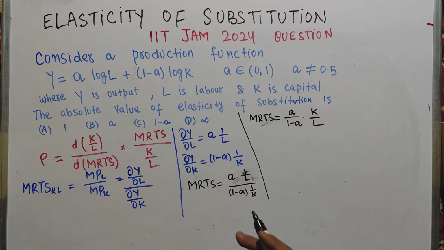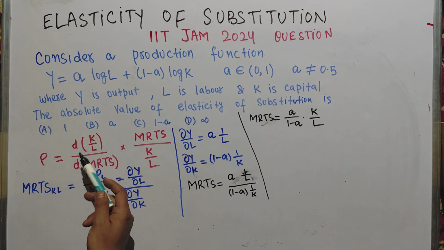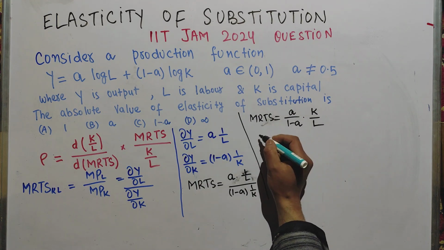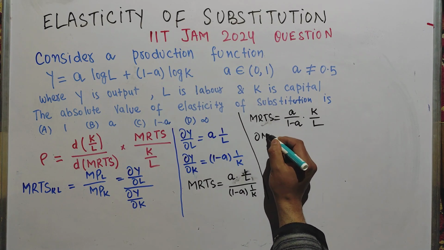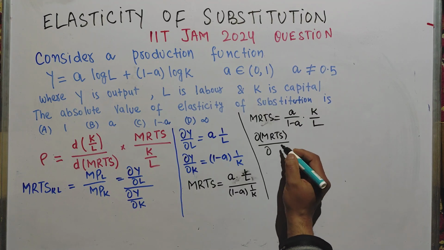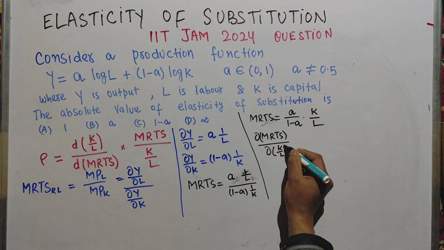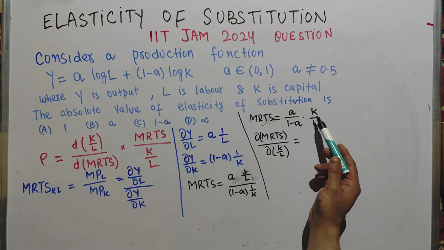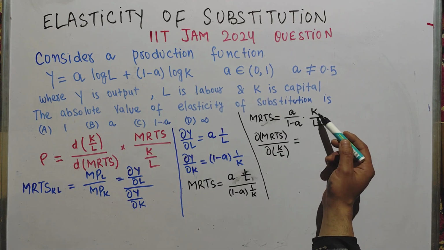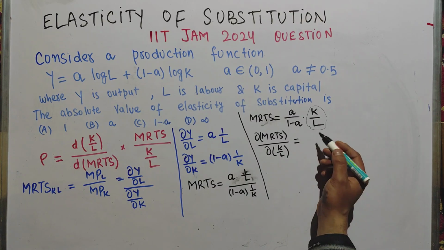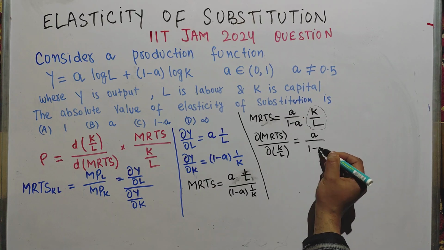Now we need to find out the derivative of the capital labor ratio with respect to the derivative of the marginal rate of technical substitution here. So let us first take the derivative of the marginal rate of technical substitution with respect to the capital labor ratio. Okay, so we differentiate this function with respect to k upon L. Since we are taking k upon L as one term here, its derivative will be equal to 1, so we are left with a upon 1 minus a.